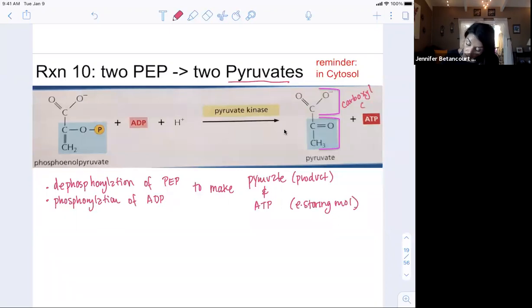It's your COO minus. And this right here, you don't know this functional group, but I'm going to tell you it right now. This is an acetyl group. Okay, there's your acetyl group. So pyruvate is basically two little functional groups attached together.